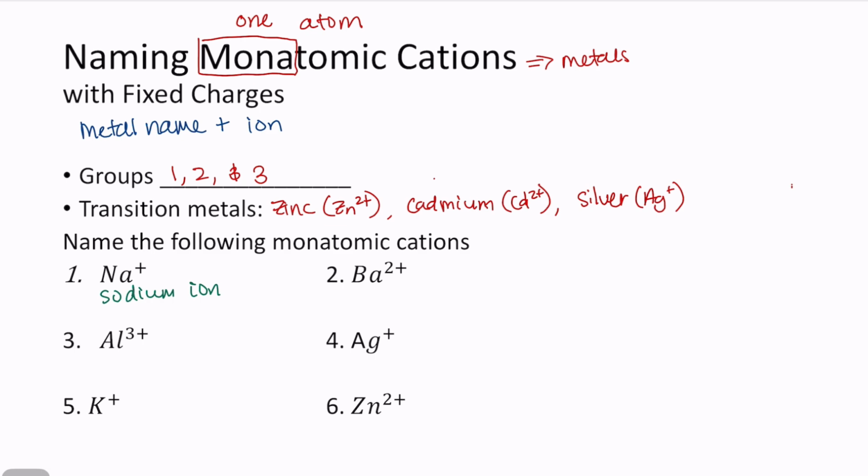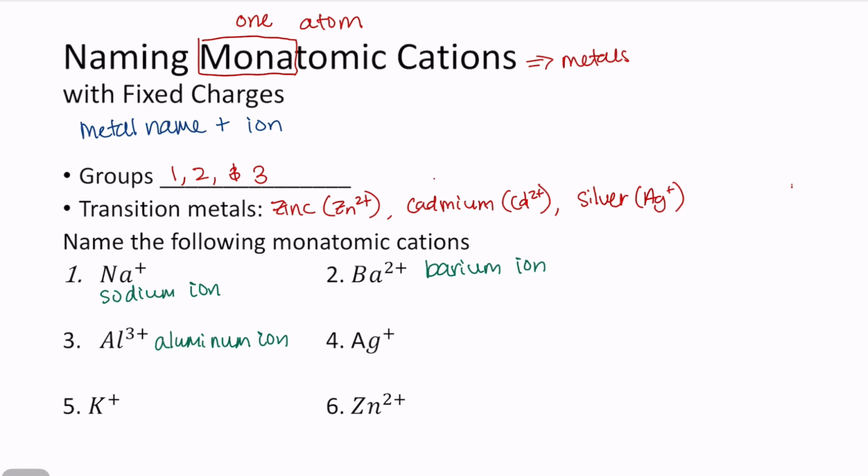Ba is barium. So Ba2+ is going to be barium ion. Al is aluminum. So since it has the 3+ charge, it's going to be aluminum ion. Silver, it's not in group 1, 2, or 3, but it is in our transition metals that we need to know.